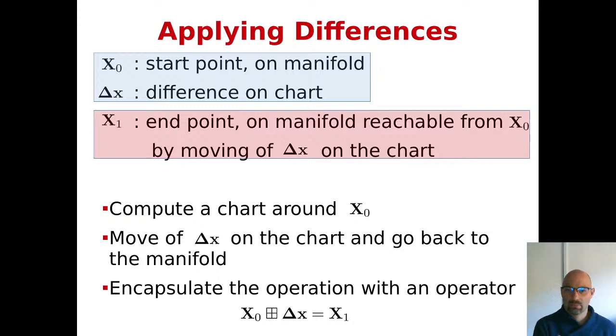We can, for symmetry, encapsulate this piece of program. So take a point, buy the chart, calculate the difference on the chart, figure out where you are in the chart, go back on the manifold, by an operator that we call box plus, that takes two arguments. One argument is a point in the manifold, and the other argument, small delta x, is a Euclidean perturbation on the chart. This means that if you move of delta x from x0 on the chart, you end up in x1, which is a point in the manifold.